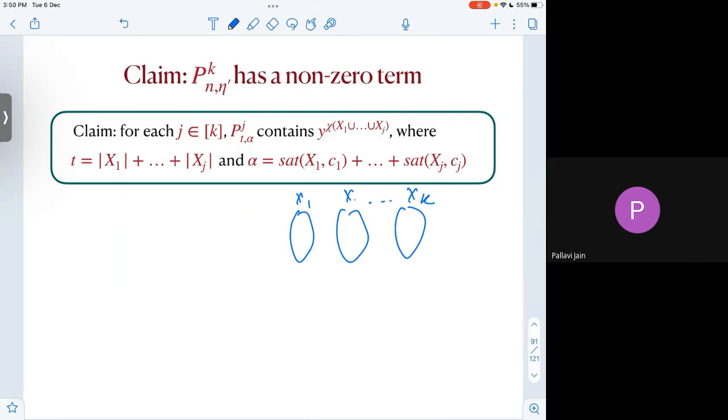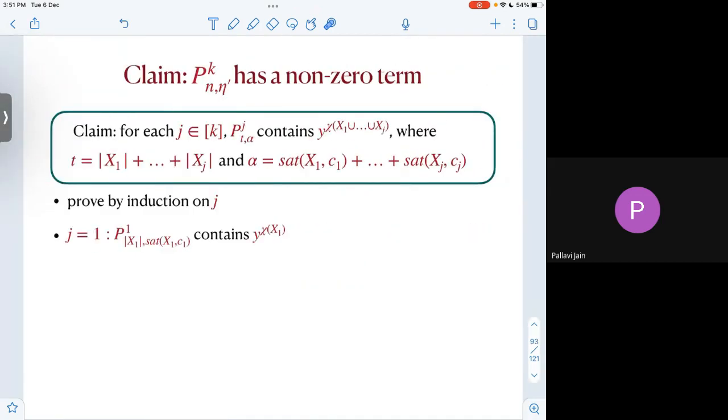All we are saying is, whatever j you focus on, P t alpha j is going to have a monomial which is the union of these sets. If j is 2, then these two sets; if j is 3, then x1, x2, x3. You are going to have a monomial which has in the exponent the union of these sets. That's all we want to claim. Then inductively, at the end you will have a monomial which is the union of this and has the required properties.